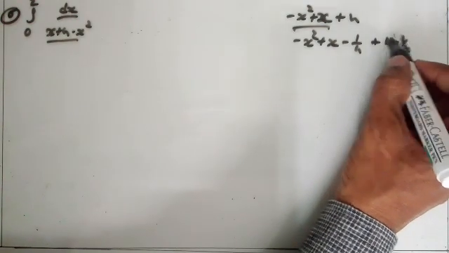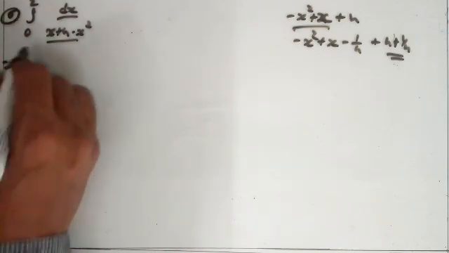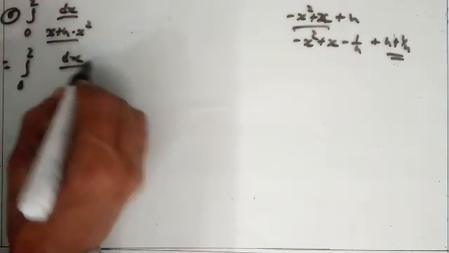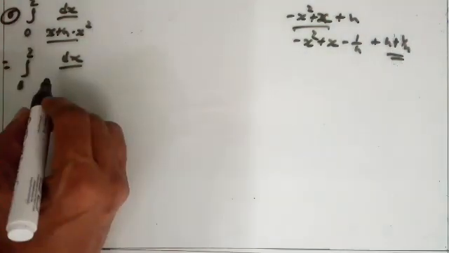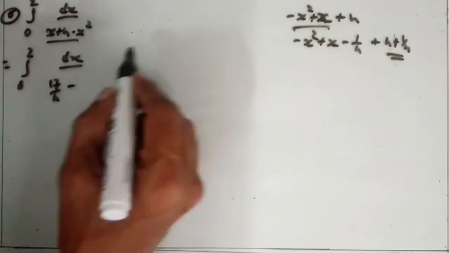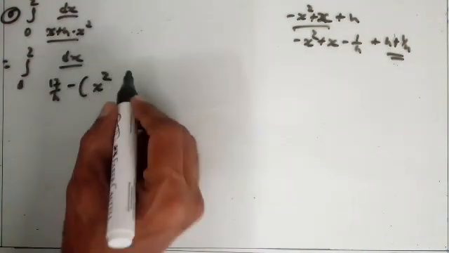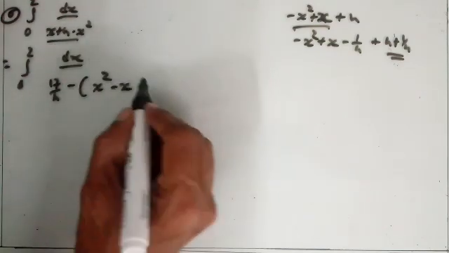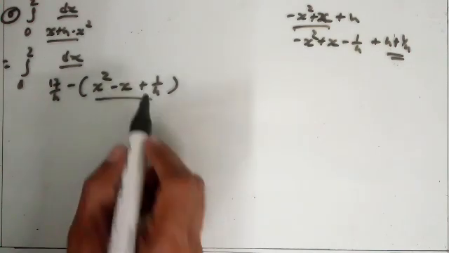Clear? Add 1 upon 4. So this becomes 0 to 2 dx upon here 4 plus 1 upon 4 becomes 17 upon 4, minus, take common from these terms, here x square minus x plus 1 upon 4. Clear? Make it perfect square.